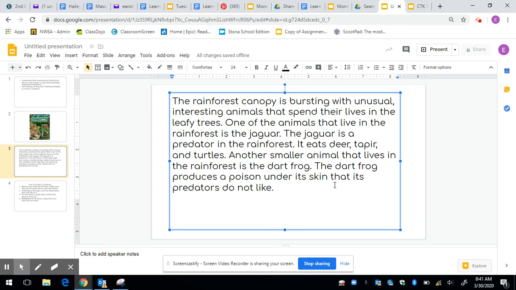And then finally, I need to wrap up my summary with comments about these animals. And when we wrap up our summary, we want to end with our own thoughts. I think that the animals that we've learned about are pretty amazing.